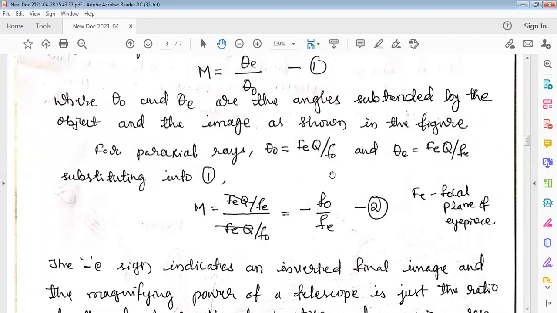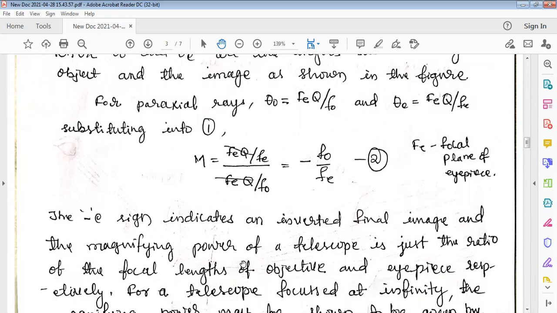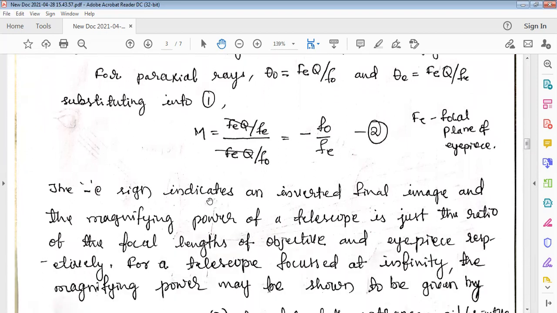So these are the two equations, and you can put these two equations into equation 1. We'll get an expression for magnification like this, canceling whatever cancels. It gives minus f naught by fe. This negative sign indicates that the image formed is an inverted image.